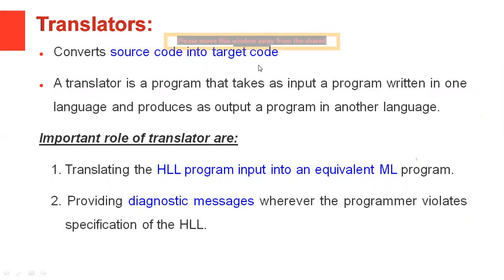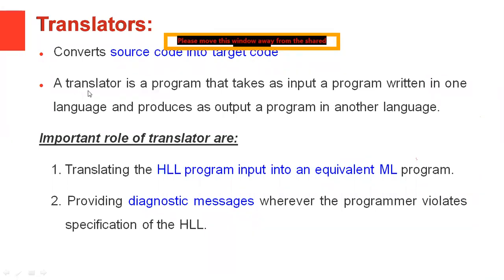Translator means, for example, if you want to type a letter in Telugu using a computer, we write that particular letter in English, and then we convert that letter into Telugu by using some software. So that is the translator. Here we convert the source code into target code.